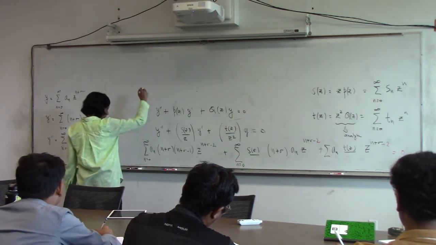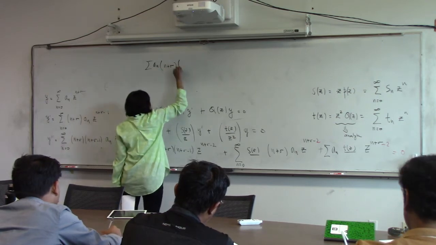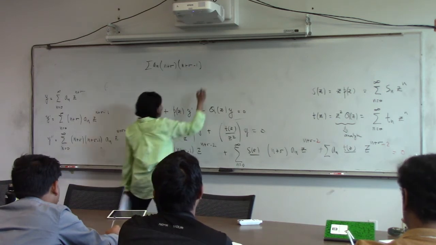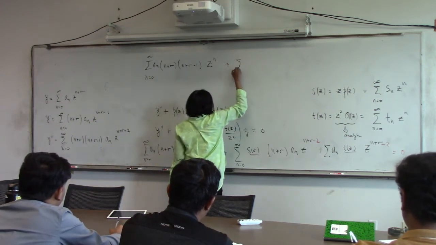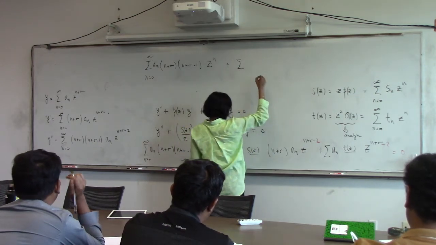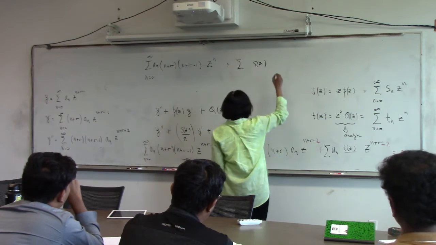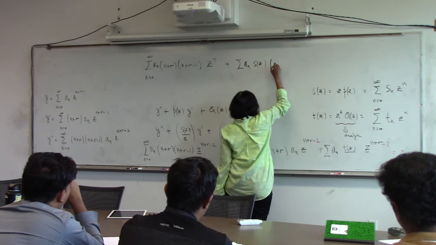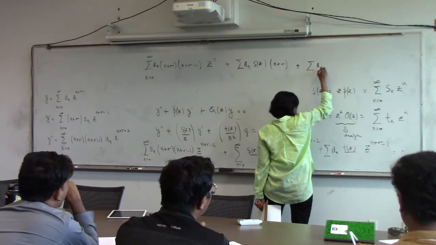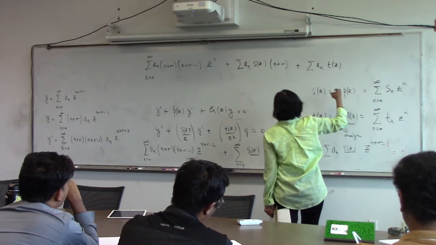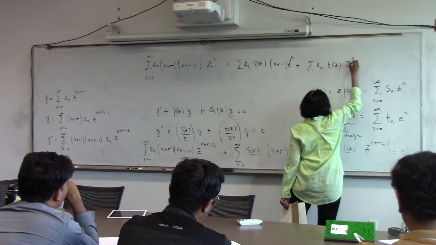If I took that out, what I get is the following. Summation a sub n, (n plus sigma), (n plus sigma minus 1), z to the power of n, n going from 0 to infinity, plus s of z, a sub n, (n plus sigma), plus a sub n t of z, times z to the n.